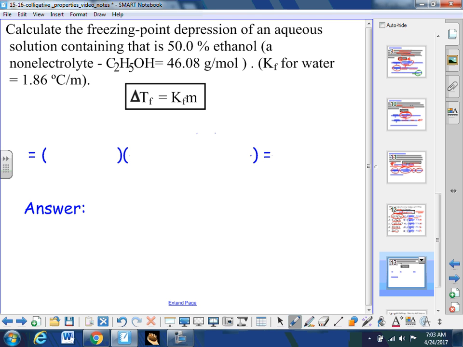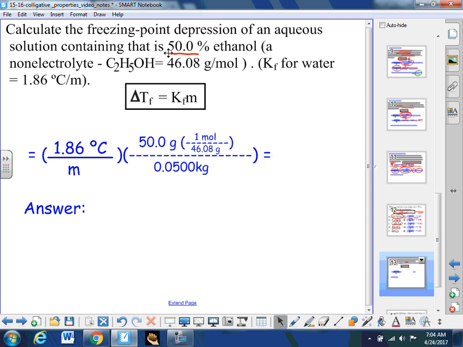What if I gave you this problem? Here we have not a solution described in terms of amount of solute and amount of solvent, but by a percent of the solute. So again, it's going to be the molal freezing point constant times the molality. And now if I have a 50% solution, I'm going to assume I've got 100 grams of that solution, and that's going to give me 50 grams of the solute and 50 grams of the solvent.